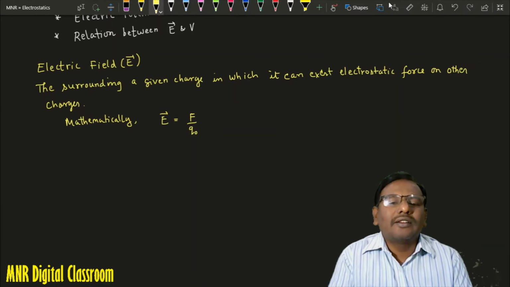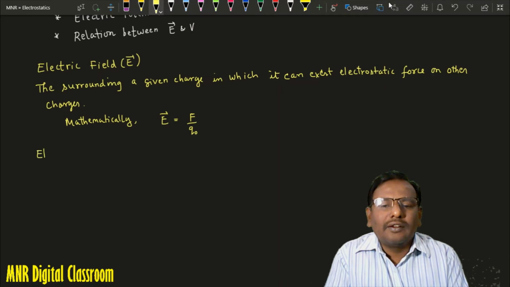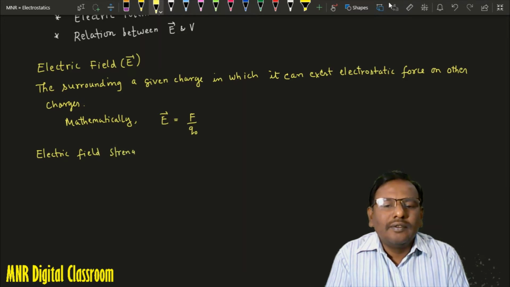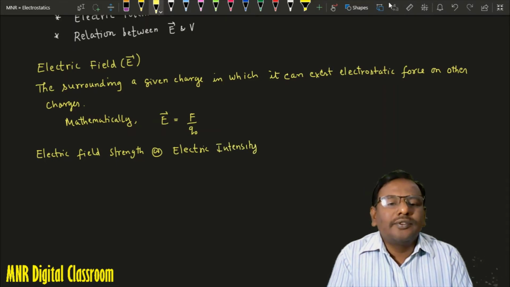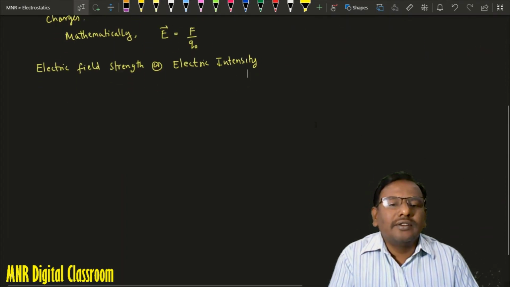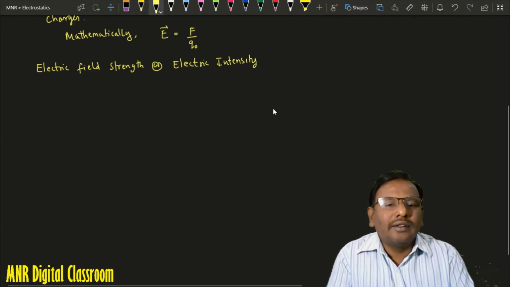This term is called its electric field strength or electric intensity. The measure of strength of electric field at any point due to a given charge is called electric intensity.